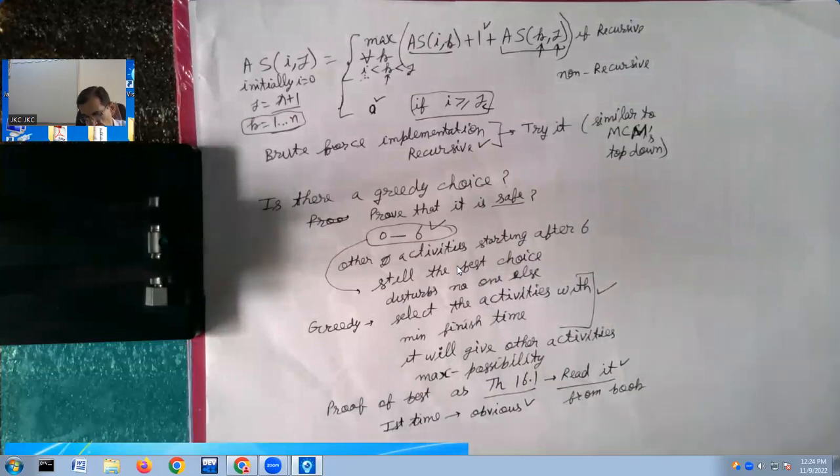But the counter logic could be, if I don't select this, then some other job will be selected that will finish later than this, which reduces the chances of others to be scheduled with maximum probability. So hence I can probably think this is a good logic.